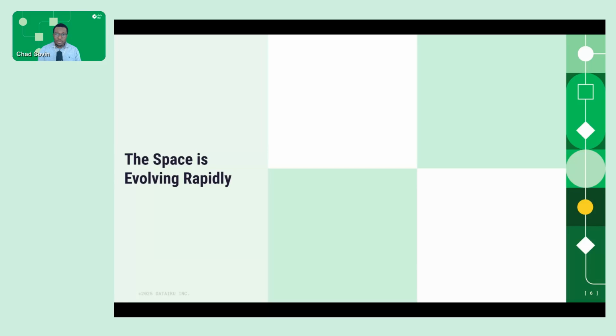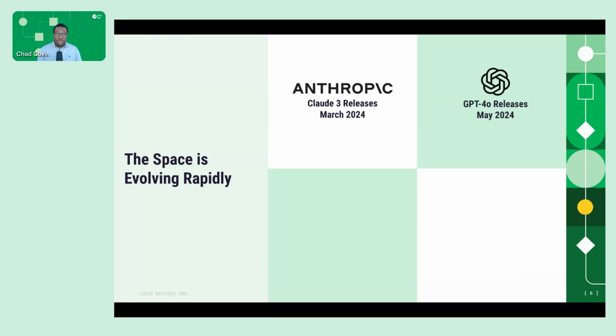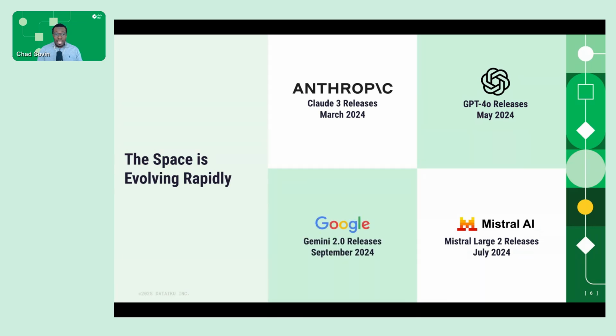And this is not going to be an all-encompassing list, but over the past 12 months, we have had Anthropic release Claude 3 for their myriad of models. We had, not to be outdone, that same spring GPT 4.0 released. Then Mistral came out with their Large 2 models. And then Google released Gemini 2.0 in fall of last year.